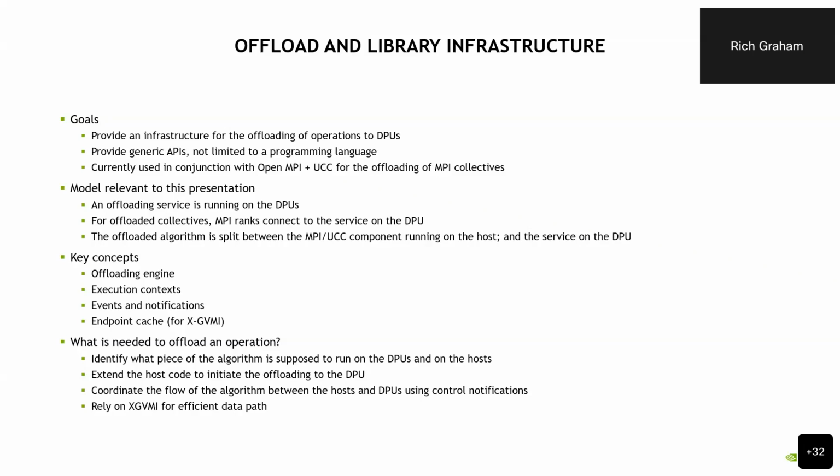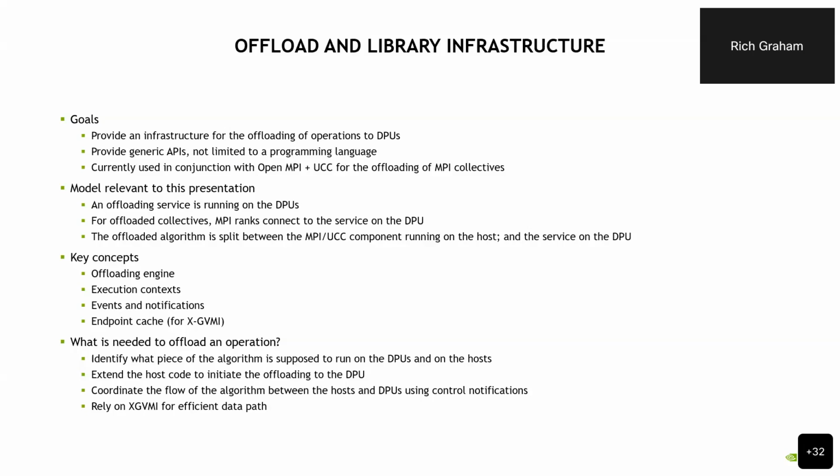It's a bit different though, because the cross-Gvmi memory key is actually paired with a host side memory key, and so there are some changes that needed to be made to UCX, for example, to support this. Because if you see a cross-Gvmi memory key at the UCX level, and you have a small message, you don't want to all of a sudden start copying data because that's not supported. So those sort of things needed to be added here.